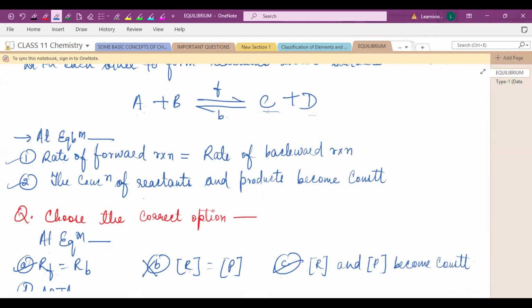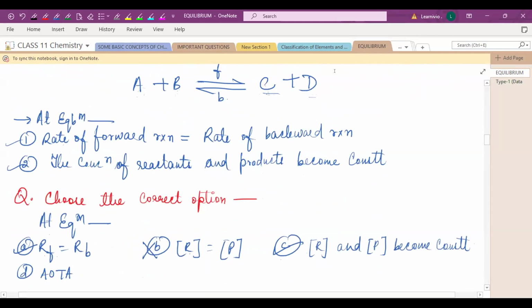Could you scroll down a bit? Yes, done. And the question.